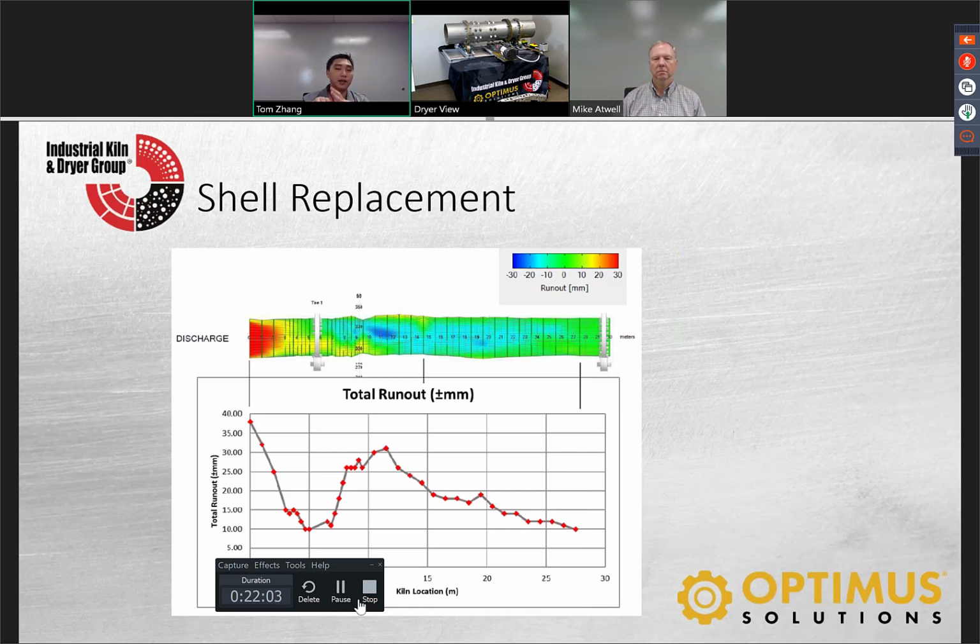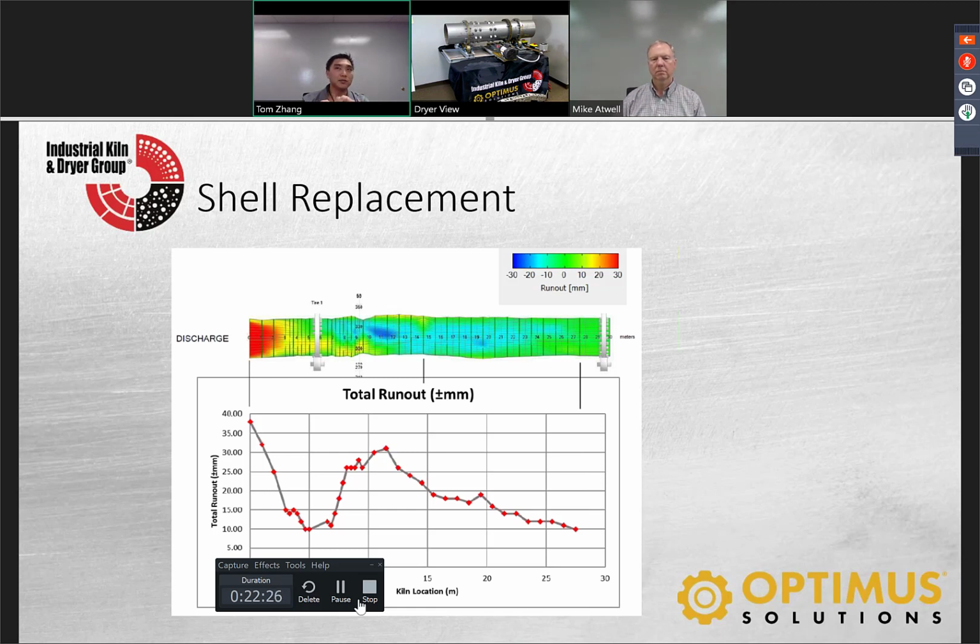So this is where the runout, the shell profile measure comes in. We measure it, and it was much more than the tire section. It was roughly 50 to 60 feet with the deformation that we saw. You see as high as 37 millimeters, or an inch and a half or more.